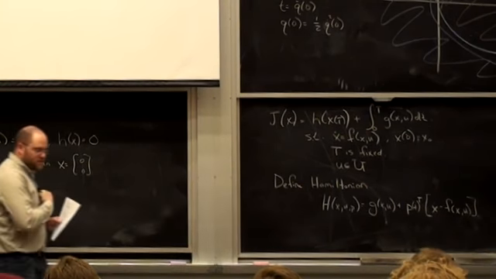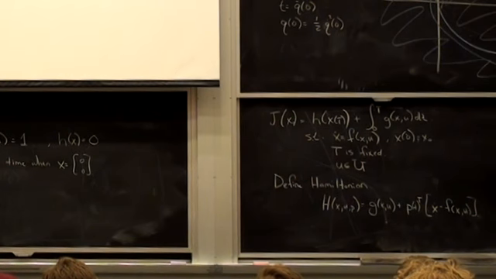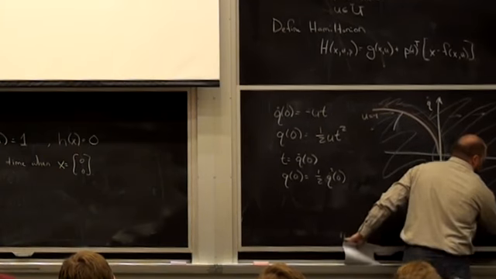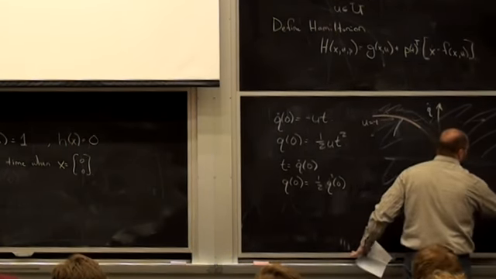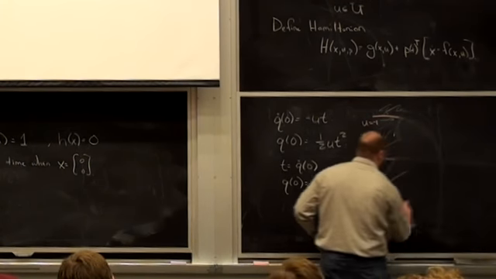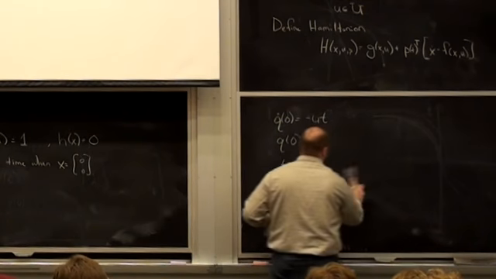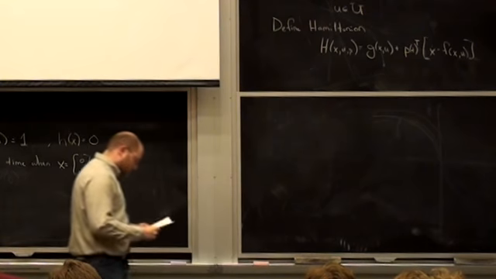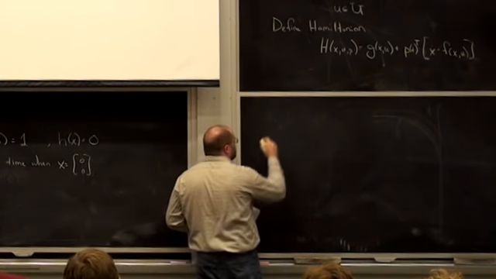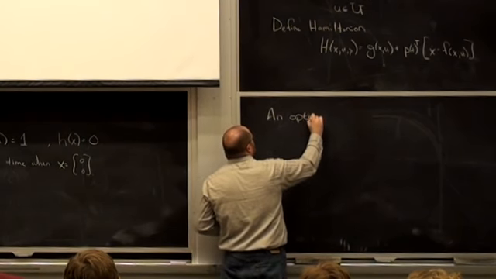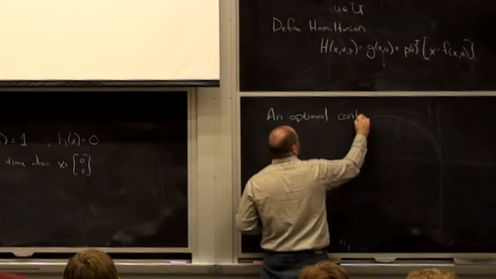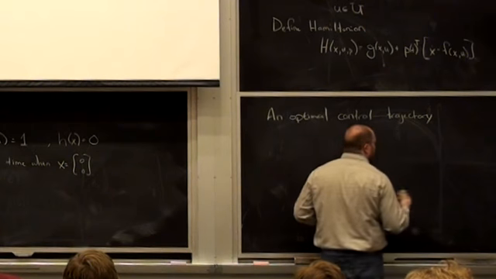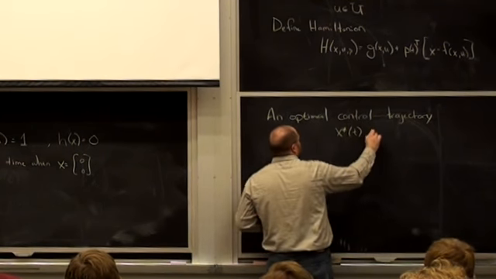We're going to define this new auxiliary function, the Hamiltonian, capital H. If I have found some optimal control solution, I'll think of it in terms of a trajectory, which is some sequence x star of t, u star of t.